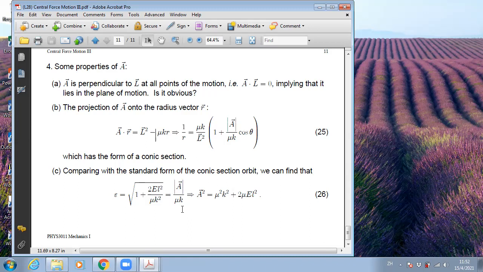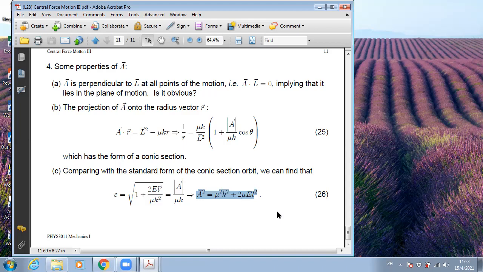And we can rewrite this relation in this simple form. The magnitude squared is equal to the total energy times L squared plus the mass squared of the particle. We can always normalize the force constant to be 1.